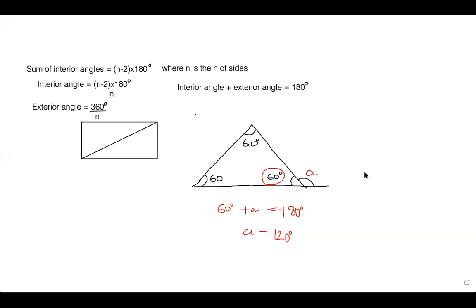Then substitute in the formula we earlier gave, exterior angle equals 360 over n. If you make n the subject, you'll be dividing by the exterior angle. That can work. You can have a number of ways provided you get the right answer. Hope that is okay.